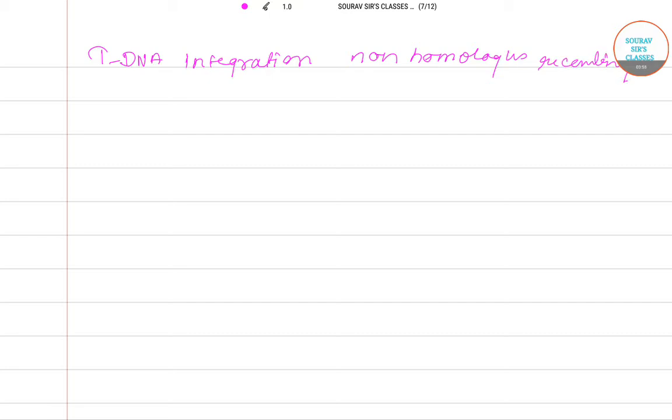The Gateway cloning system was invented and commercialized by Invitrogen in the late 1990s.